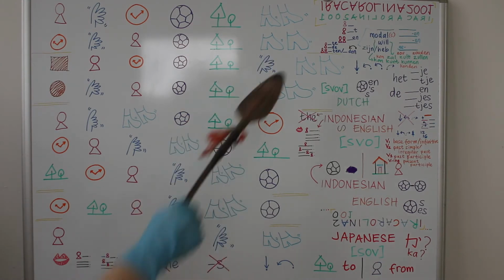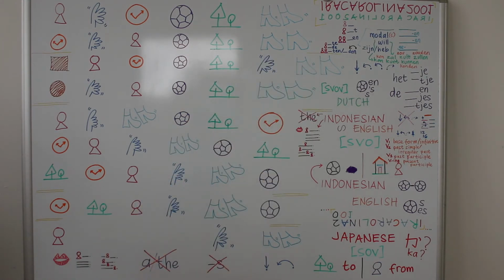Second, modals. In English: can, may, might. We use the same modal for every kind of subject, but in Dutch it's not. You have to choose from at least, in this case, three words based on the subject that we use.